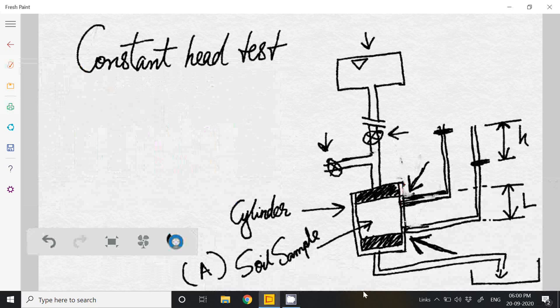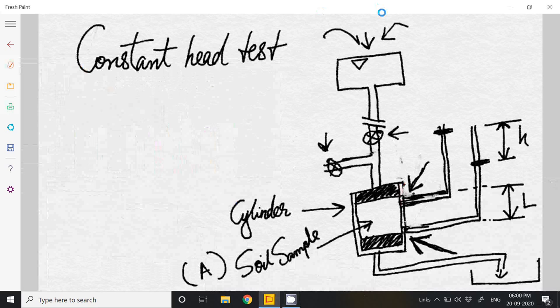So now if I try to find out the equation, or you can say the permeability, first we have to start the test by pouring water from here.